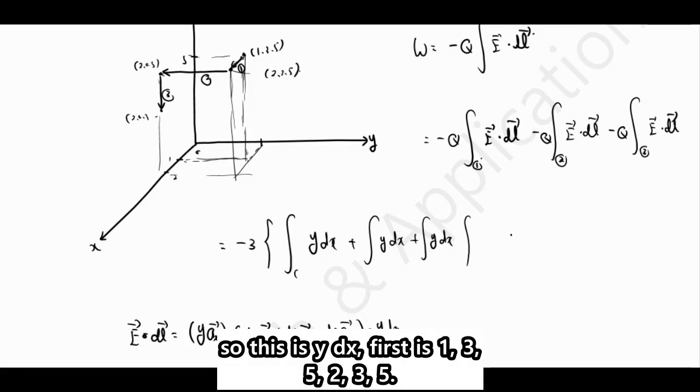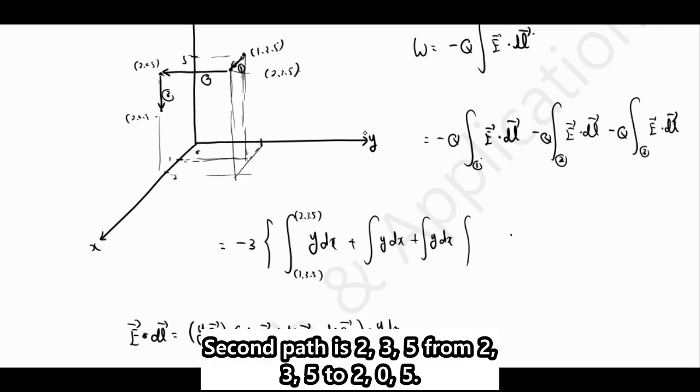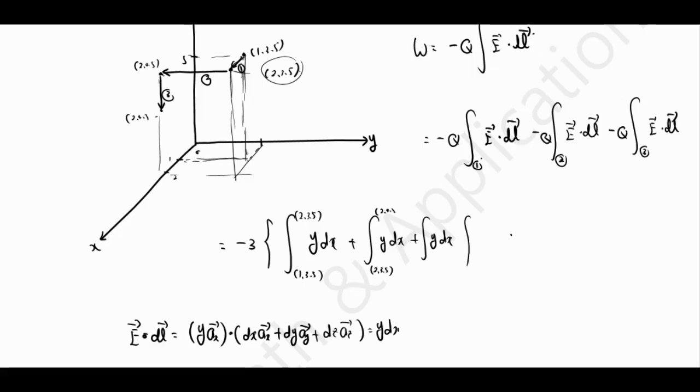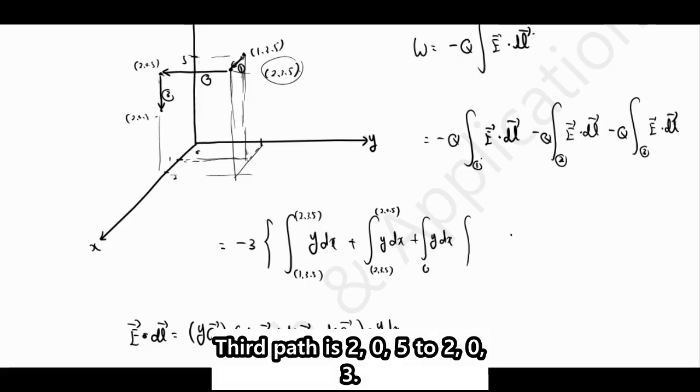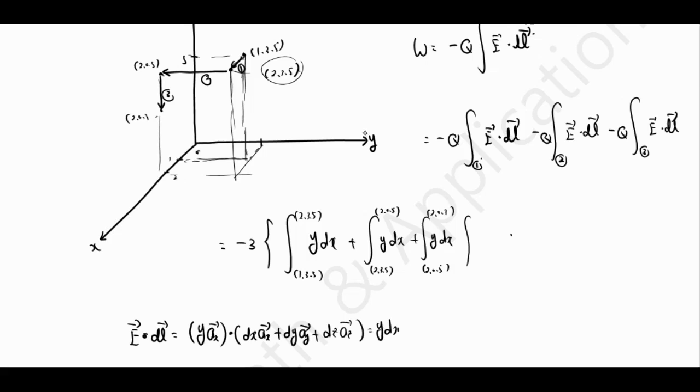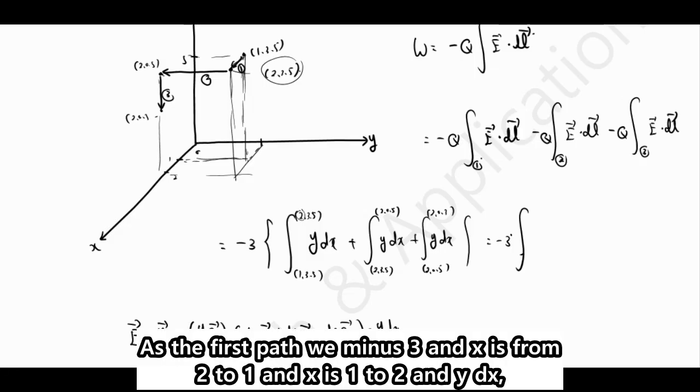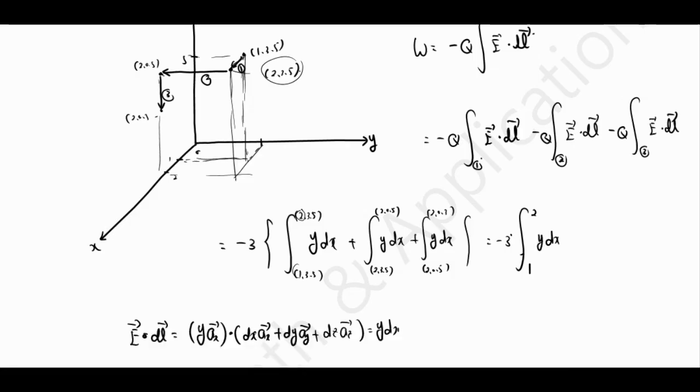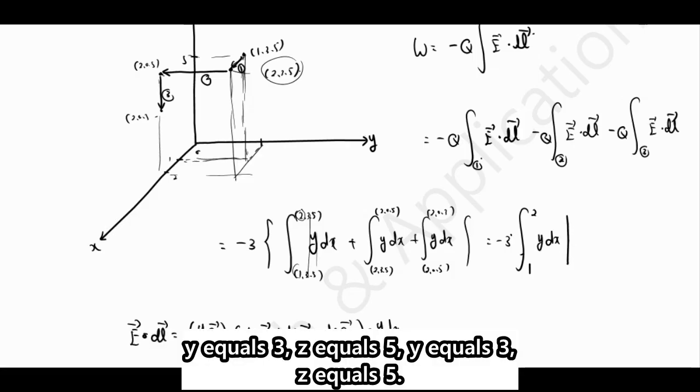First path is 1, 3, 5 to 2, 3, 5. Second path is from 2, 3, 5 to 2, 0, 5. Third path is 2, 0, 5 to 2, 0, 3. As the first path, we have minus 3, and x is from 1 to 2, y dx, with y equals 3, z equals 5.